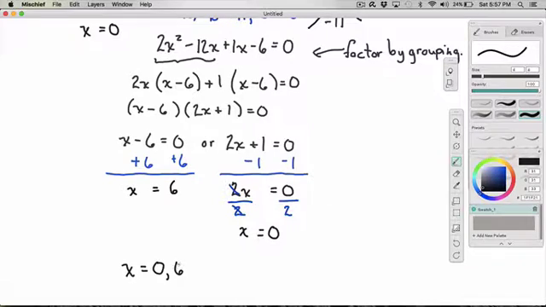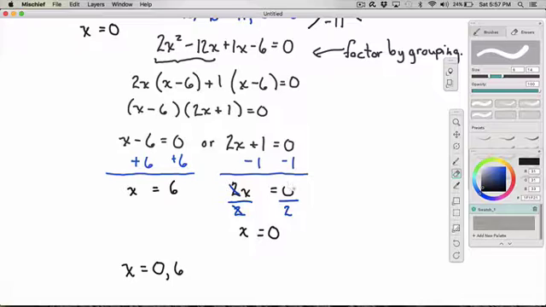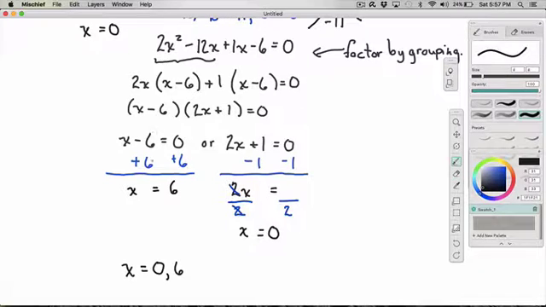Oh, I made a terrible mistake. Goodness gracious. Let me go back. 0 minus 1, I need to erase here. Hopefully you caught that earlier. 0 minus 1 is negative 1.